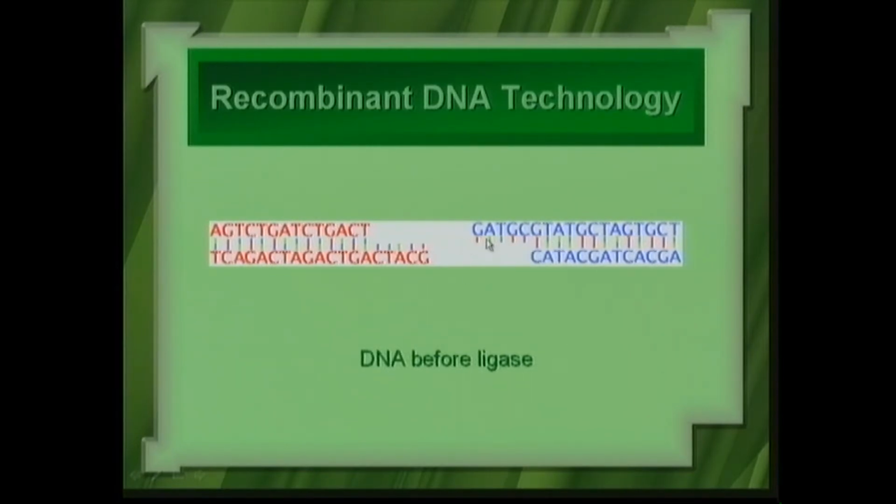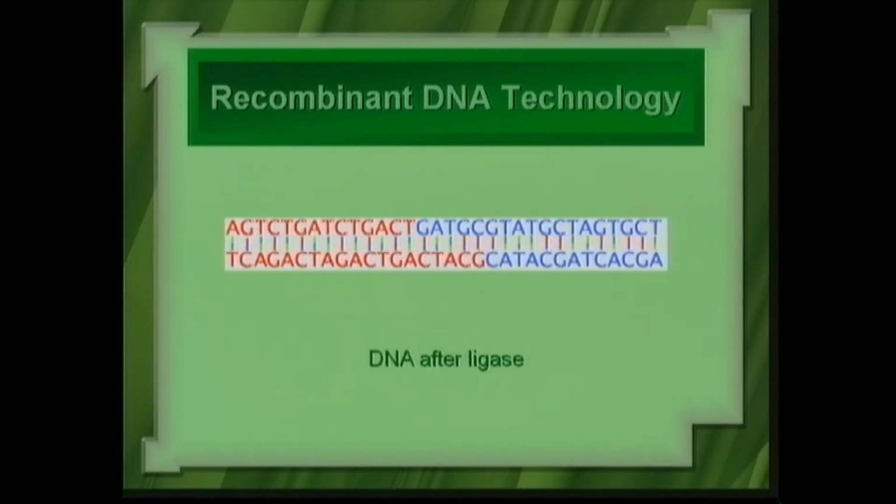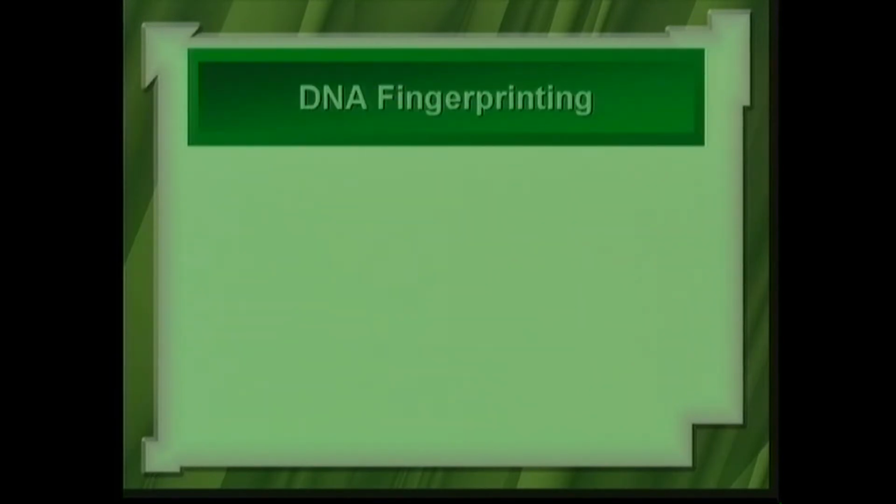CTACG, GATGC. They're complementary to each other. So when you add DNA ligase to the solution, you'll have pasting. You'll have these two parts of the two DNAs joined together. So you have two different DNAs from different sources, but you will have pasted one foreign DNA piece onto another. Isn't that amazing?